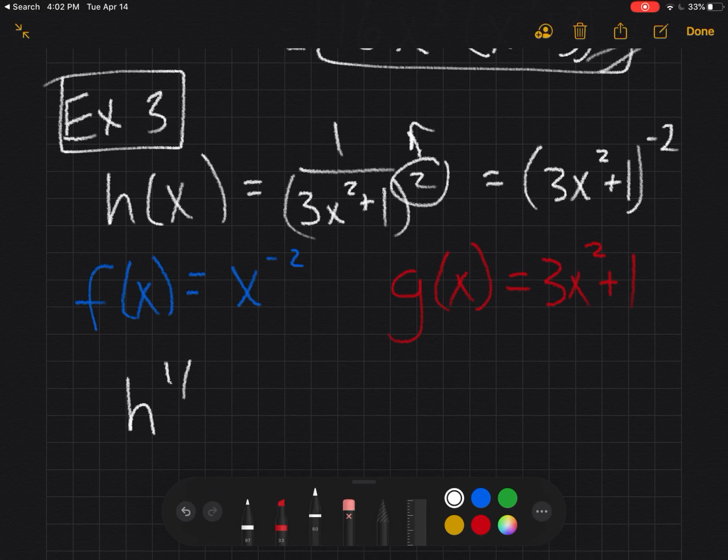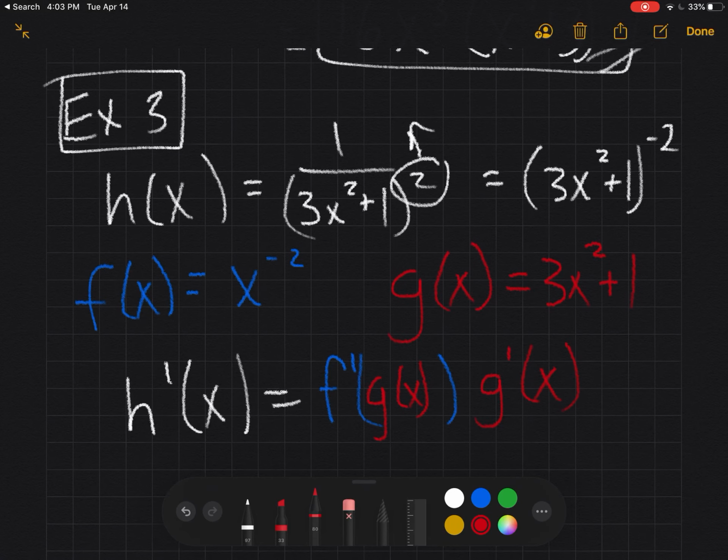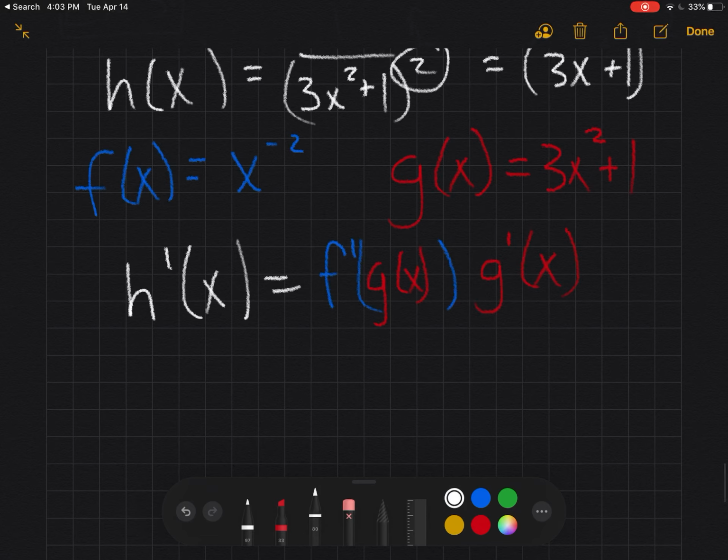My outside function here is x to the negative 2. My inside function is 3x squared plus 1. So when I take my derivative, h prime of x, I'm going to have f prime of g of x times g prime of x.